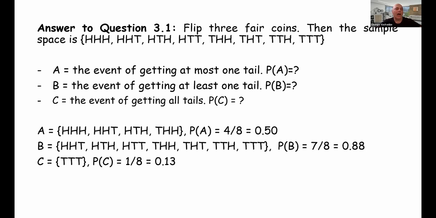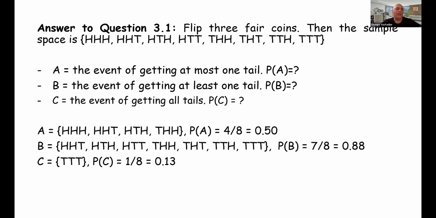So we are getting either exactly 1 tail, or 2 tails, or 3 tails. We see that there are 7 possible outcomes out of 8, where 8 stands for the 8 outcomes in the sample space. So the probability of occurrence for event B would be 7 out of 8, which is 88%.